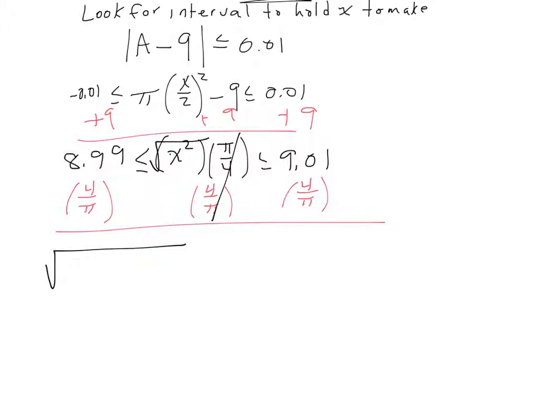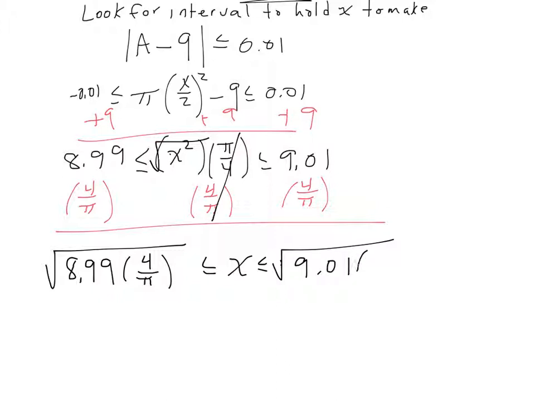So I'm going to take the square root of 8.99 times 4 over pi, and then the square root of 9.01 times 4 over pi. And these are the dimensions of the cylinder.